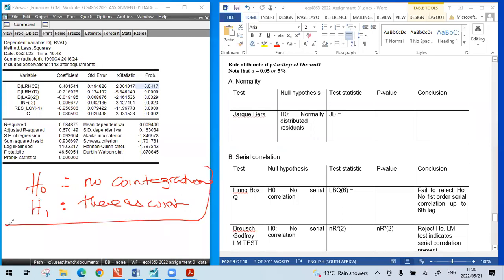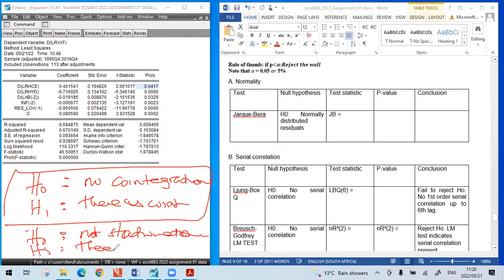For stationarity, I think the null hypothesis was non-stationary. The alternative was there is stationarity, right? But it's different from ECM. ECM is the other way around.